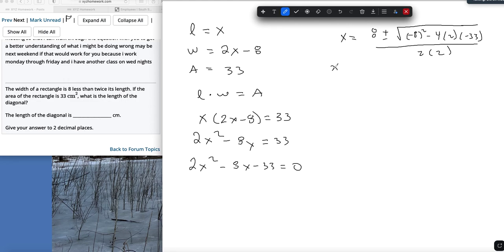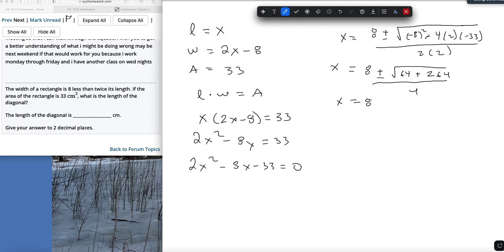Let me grab a calculator here. So we're going to end up with x equals 8 plus or minus the square root of 64 plus that. 8 times 33 is 264, and it's plus because we have that double minus right there. And then that's over 4.